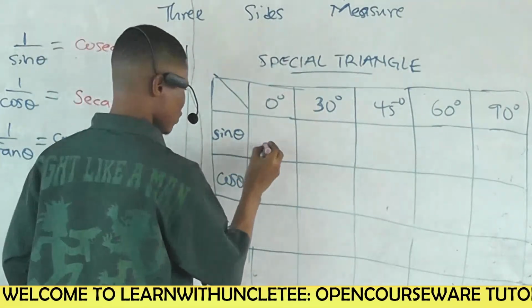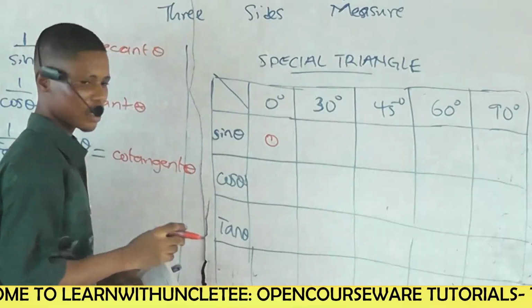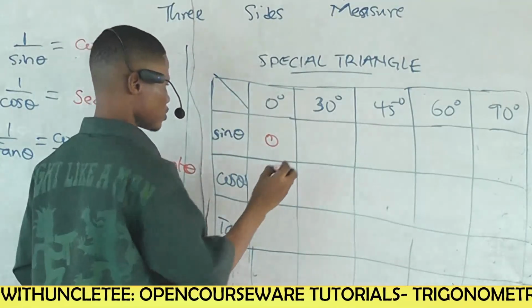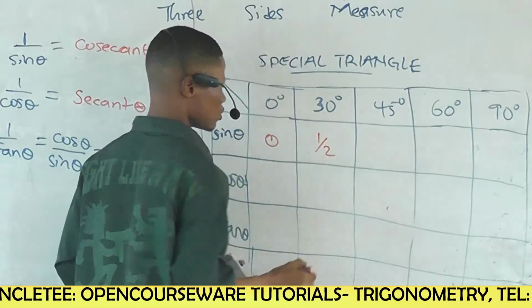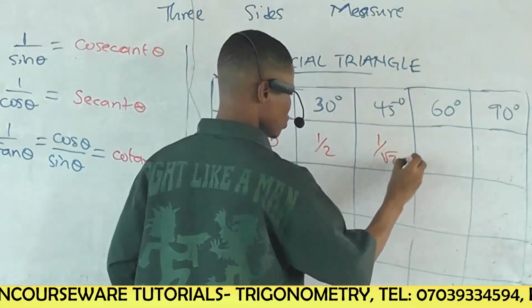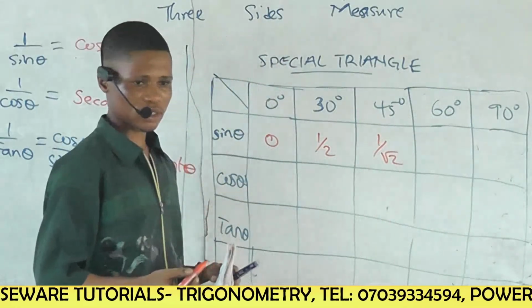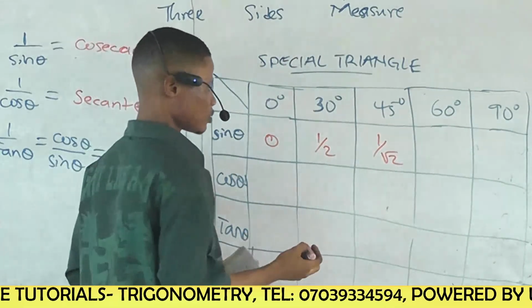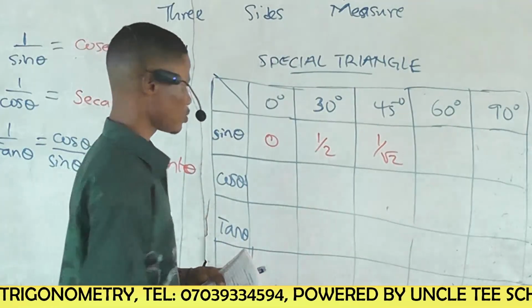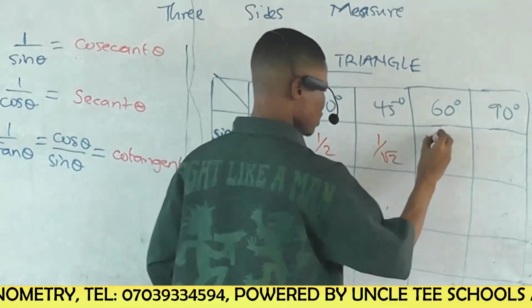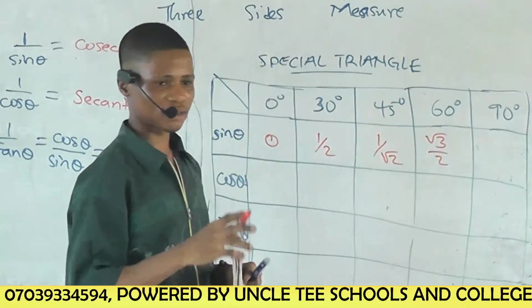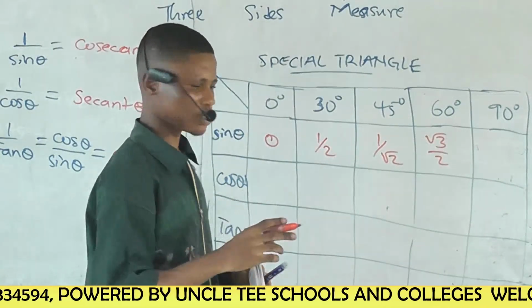Now, sine 30 degree from what we did is 1 over 2. Sine 45 degrees, 1 over root 2. Yes or yes? Sine 60 degree is root 3 over 2. Then sine 90 degree is 1.